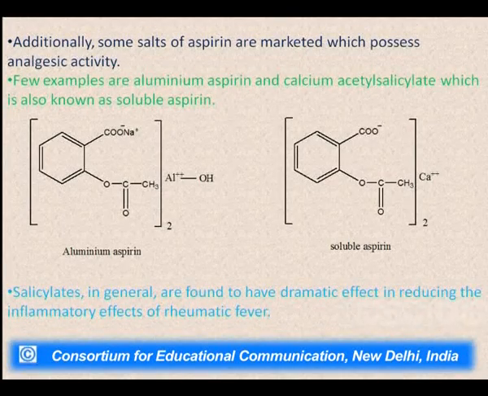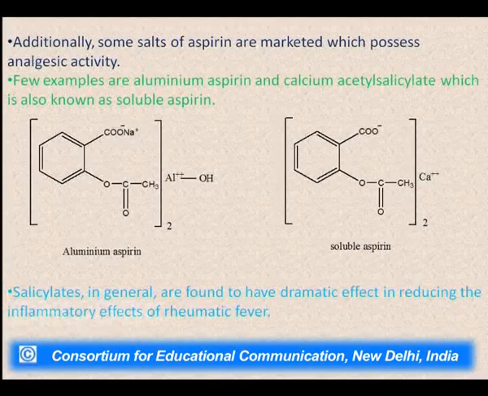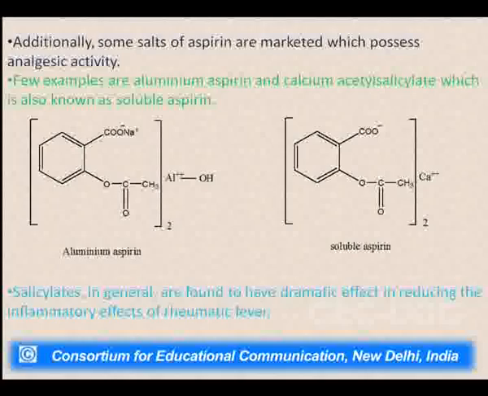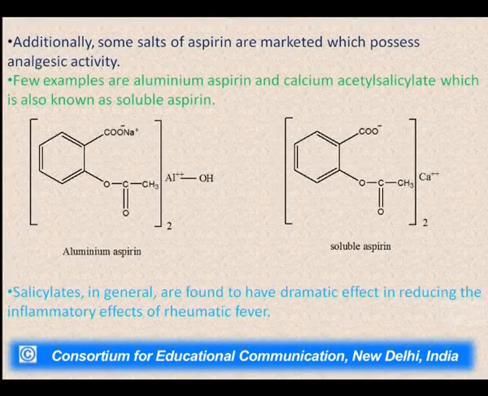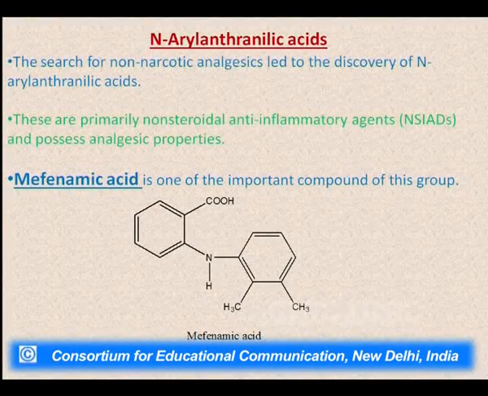Salicylates in general are found to have a dramatic effect in reducing the inflammatory effect of rheumatic fever. So, in addition to being analgesic, they are also anti-inflammatory drugs. Then the second class is the N-aryl anthranilic acids.